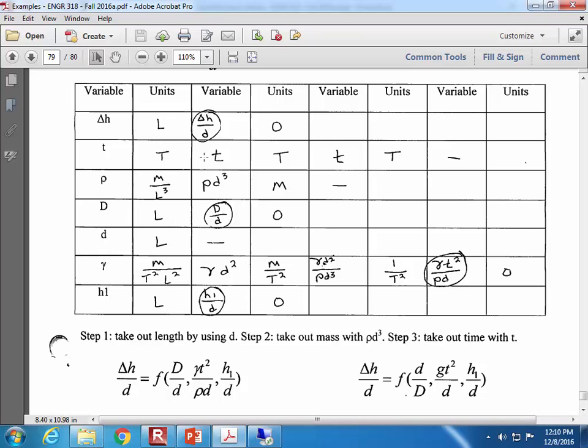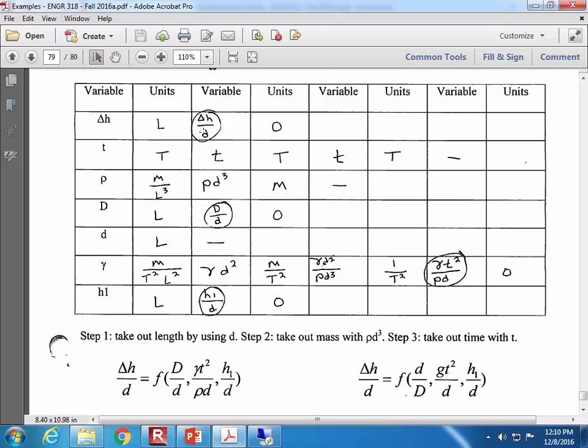There was nothing in time. But here, for density, it was mass divided by length cubed, and so I multiplied by d cubed. And then that canceled out the length that used to be in the denominator there, and it just left the mass only. So big D divided by little d is going to be my second dimensionless pi group.